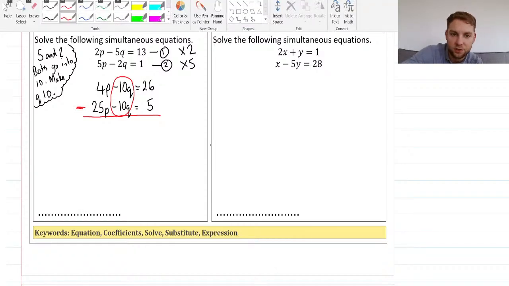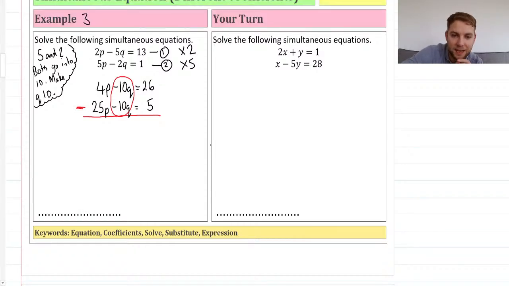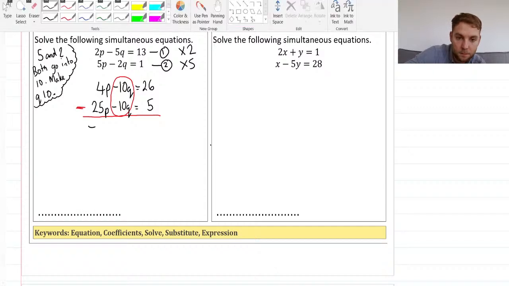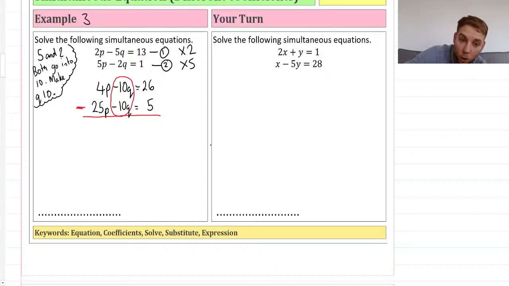And you'll see why this is tricky now, because I've got to do 4p minus 25p, which is minus 21p. Minus 10 minus minus 10 is minus 10 plus 10, which is 0. That's the point. And 26 take away 5 is equal to 21.